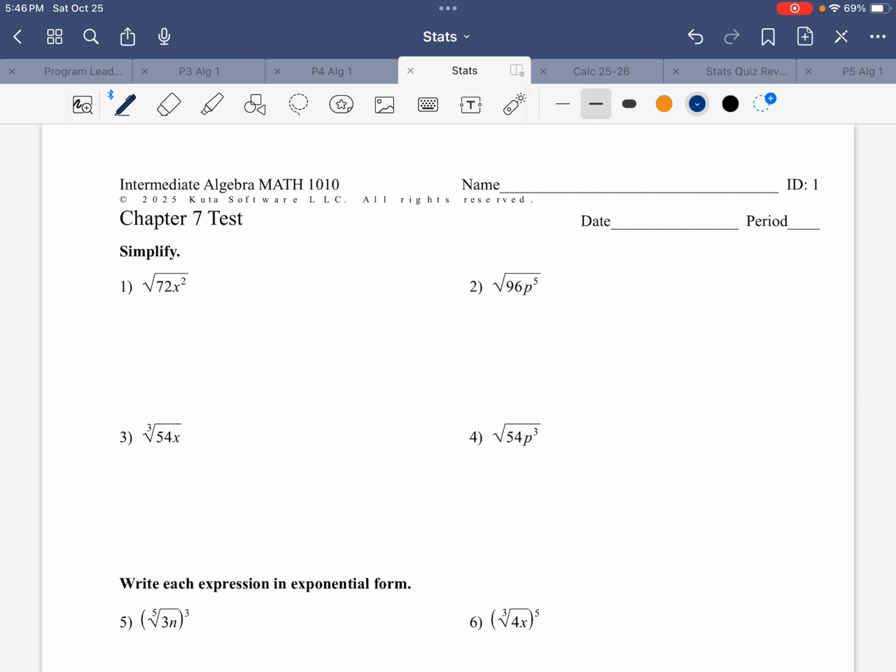We went over these in class for trying to simplify the square root of 72. We're trying to look for factors of 72 that are perfect squares. I might start to write down the factors. 4, 5, 6.